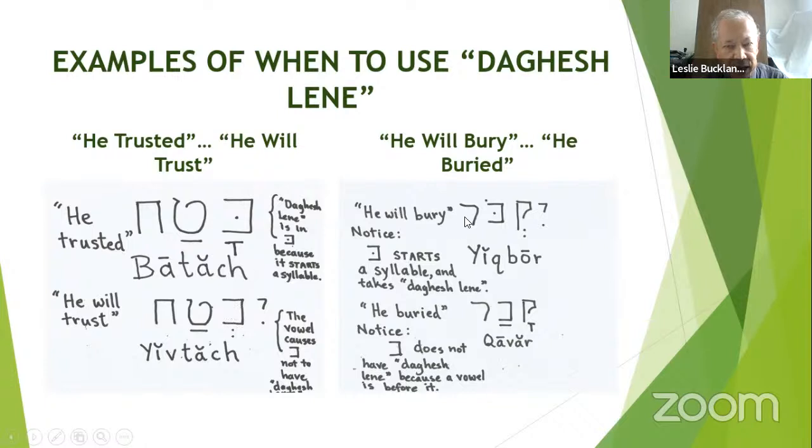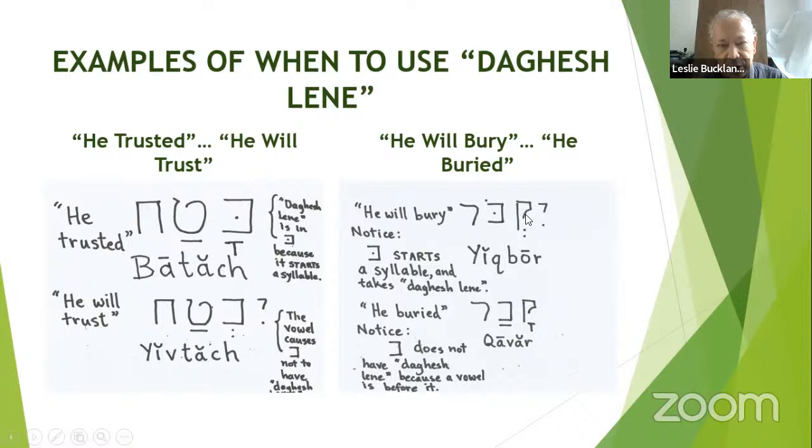In this example, he will bury and he buried. In Yikbor, we see that there is a Dagesh Lene. Why? Because it starts a syllable in the middle of a word, and there is no vowel before it. The simple Shawa that we learned about in our first lesson in January is not a vowel.